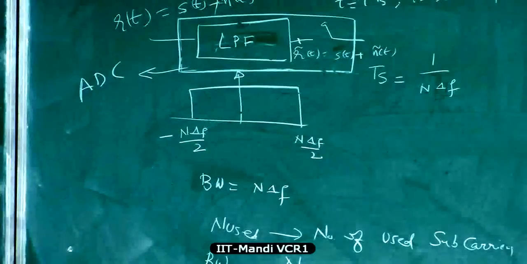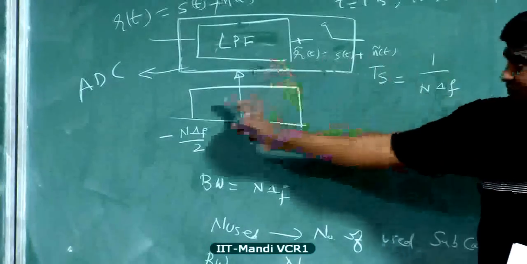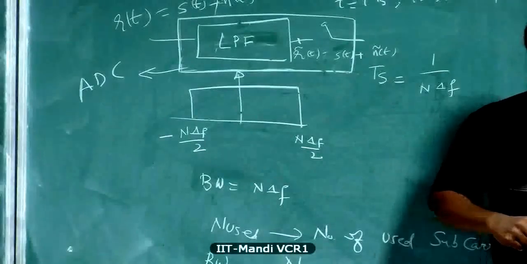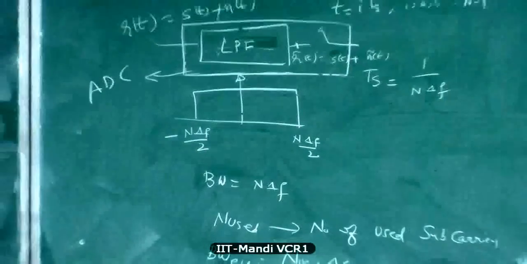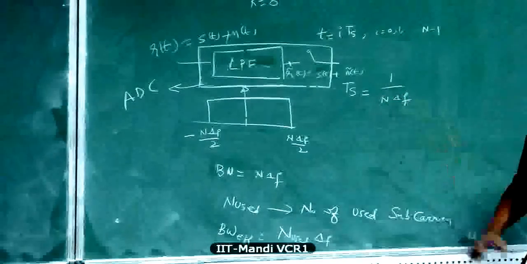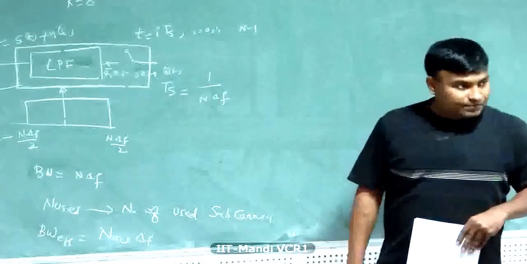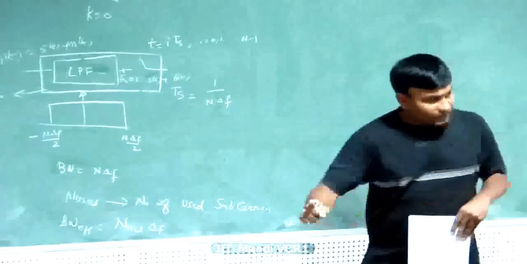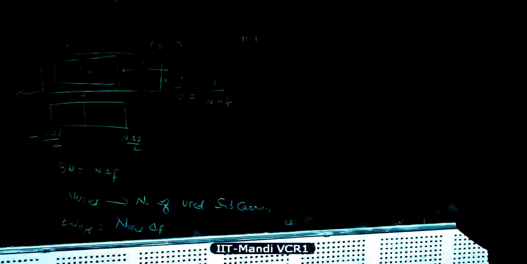So n tilde of t is still additive white Gaussian noise with flat spectra, and if you take samples of n tilde of t at the rate 1 over Ts, where Ts is 1 over N delta f, it can be shown that the noise samples are uncorrelated or statistically independent.